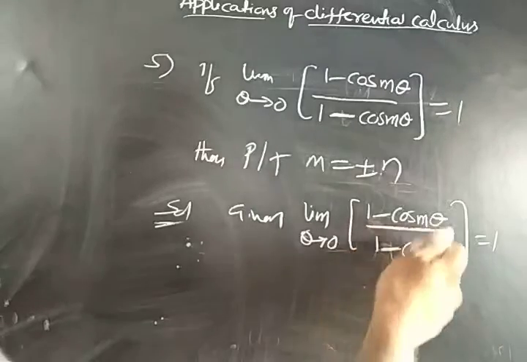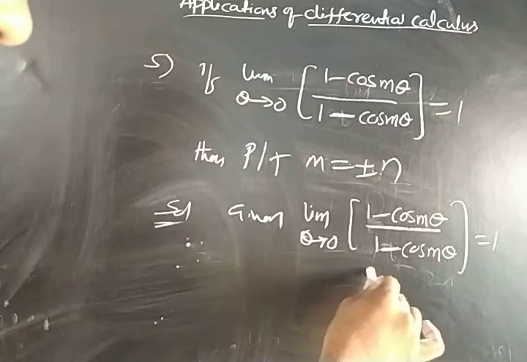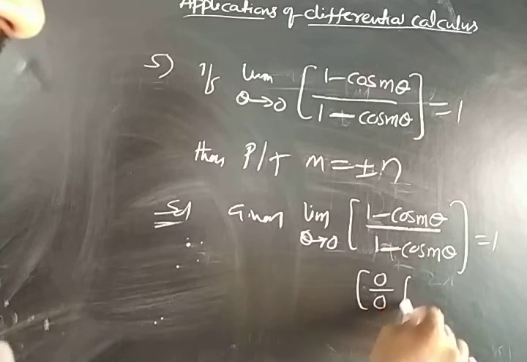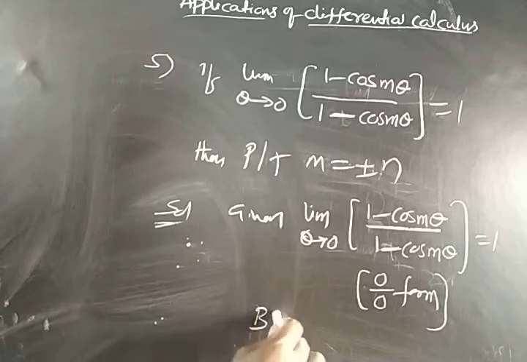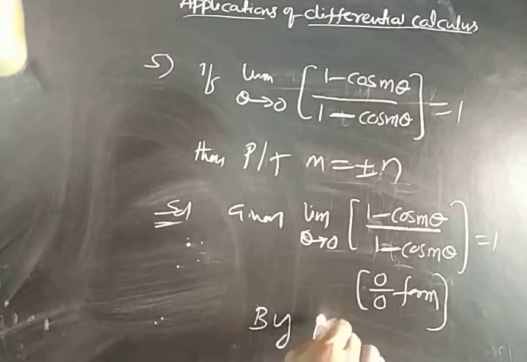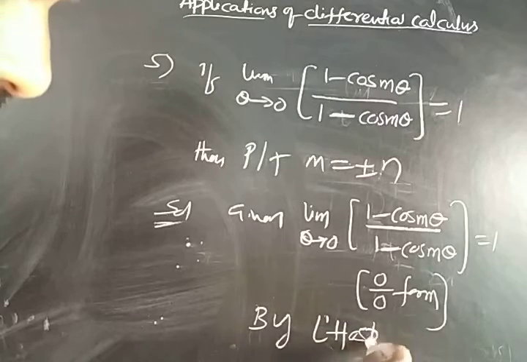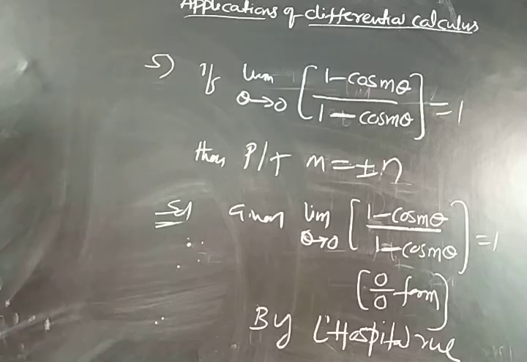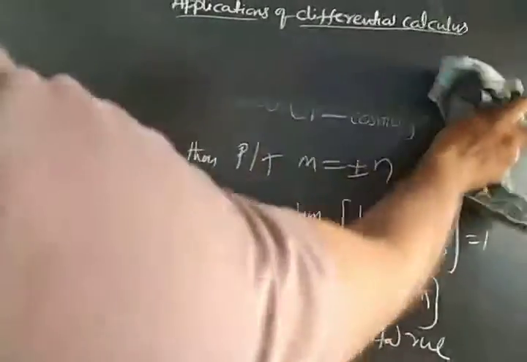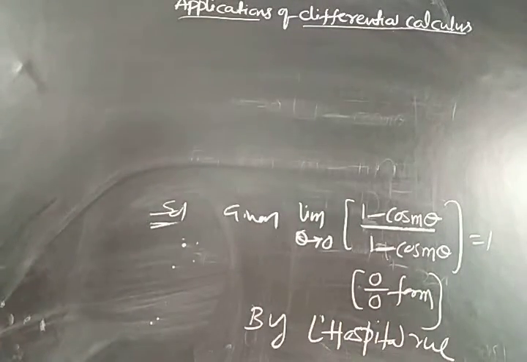By substituting 0, you are getting 0 by 0, so this is 0 by 0 form. So by L'Hospital rule, applying L'Hospital rule at the left hand side, what we will get?